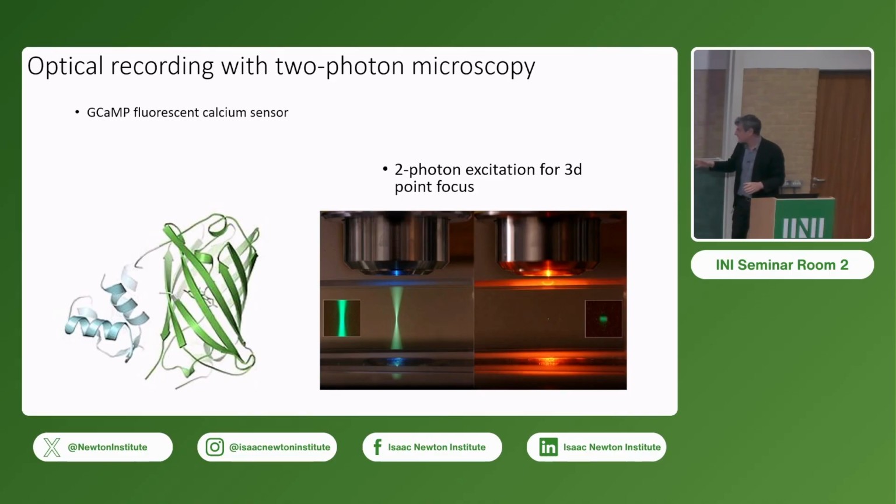But as well as that, when the neuron fires an action potential, calcium comes into the cell. It normally has a very, very low concentration of calcium because it pumps calcium out. But when there's an action potential, calcium comes in for various biological reasons, but that's not our concern. Our concern is it gives us a signal that we can optically measure when the neuron fires an action potential.